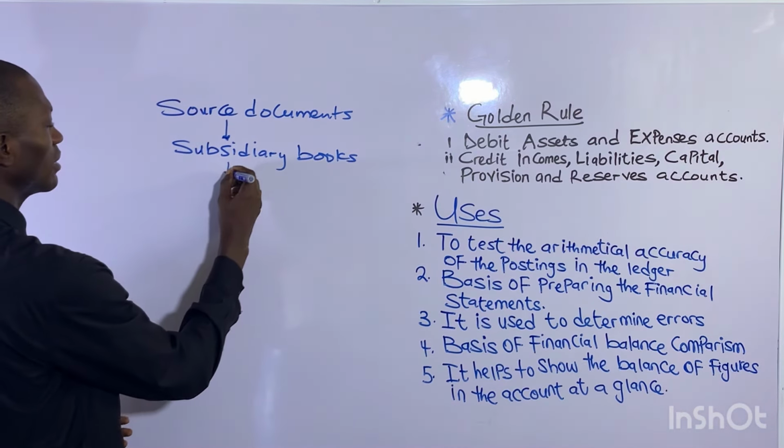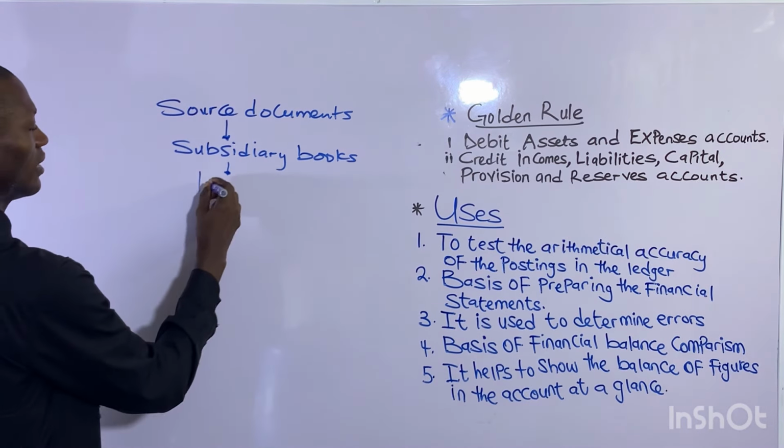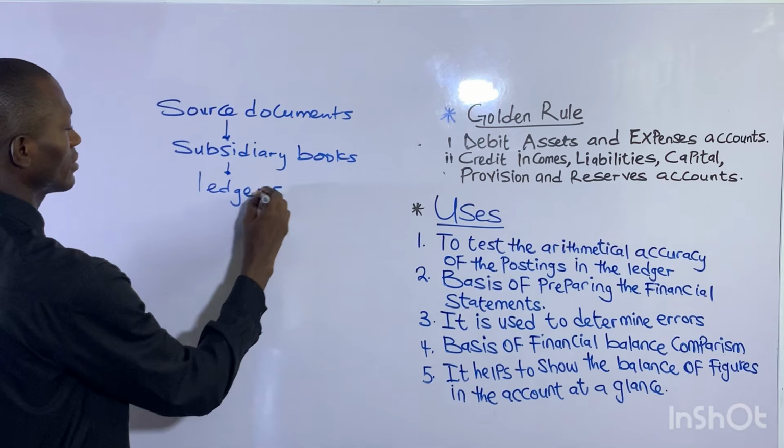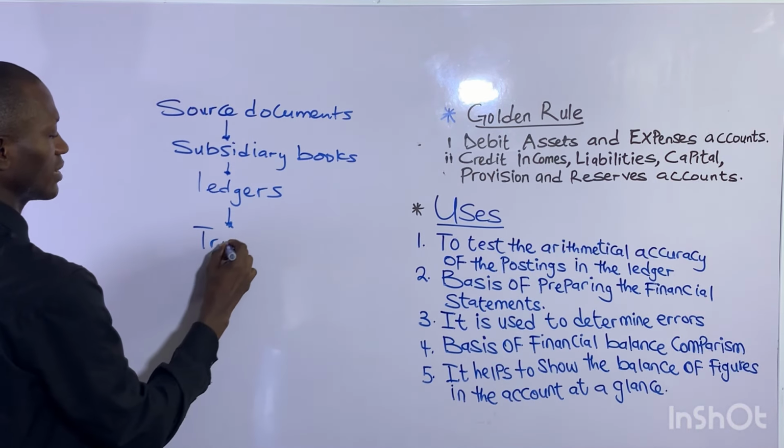Then from subsidiary books, you have all those to be posted into the ledgers. Then from the ledgers, you have your trial balance extracted.